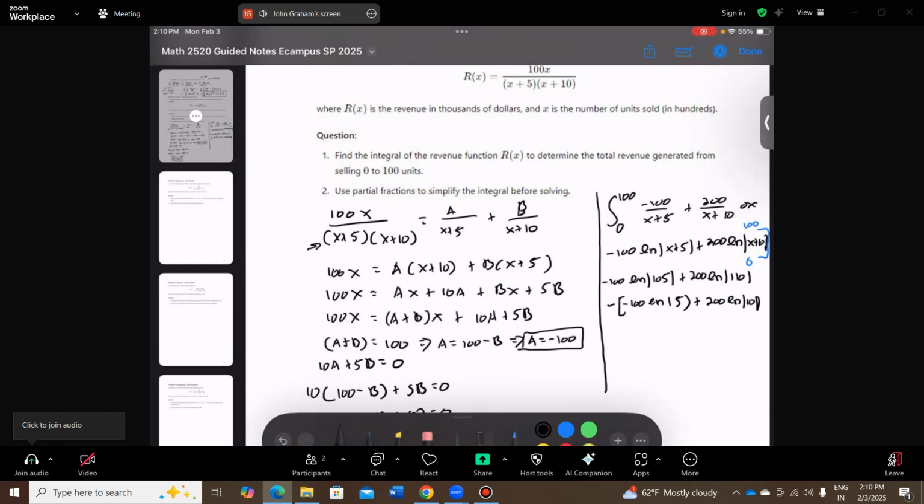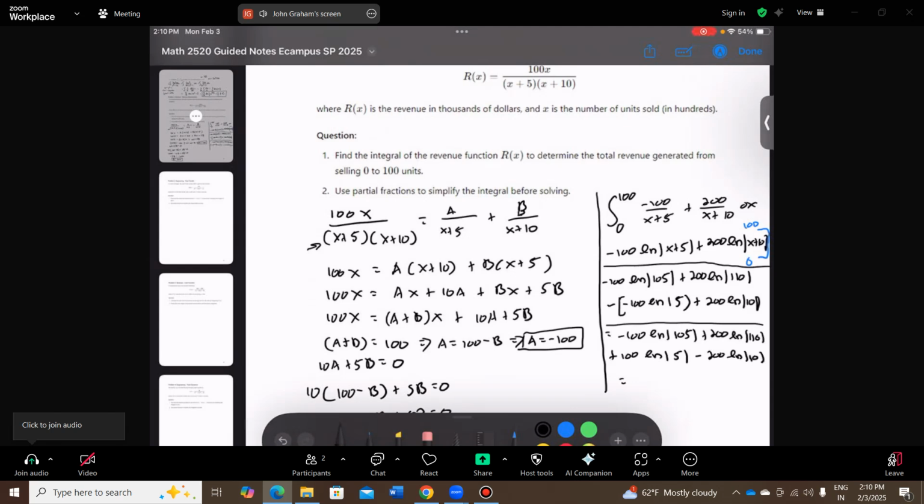Alright, so break this up: negative 100 natural log of 105 plus 200 natural log of 110 plus 100 natural log of 5 minus 200 natural log of 10.